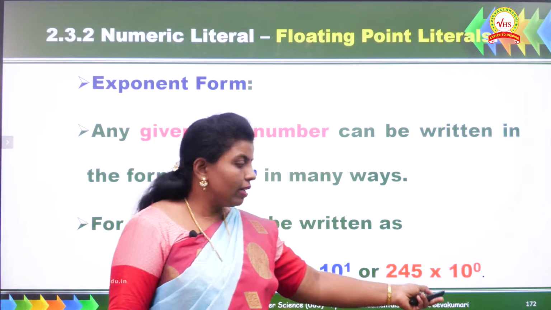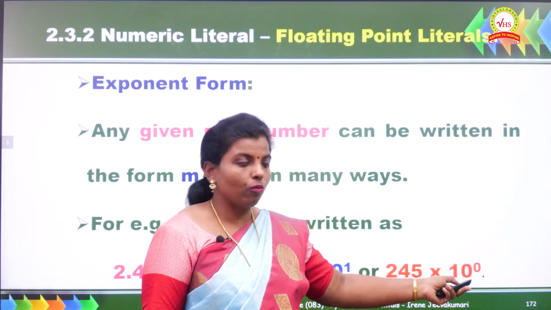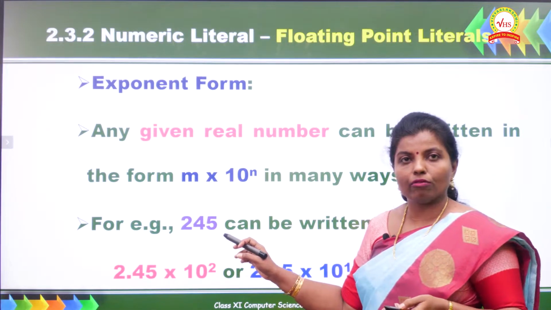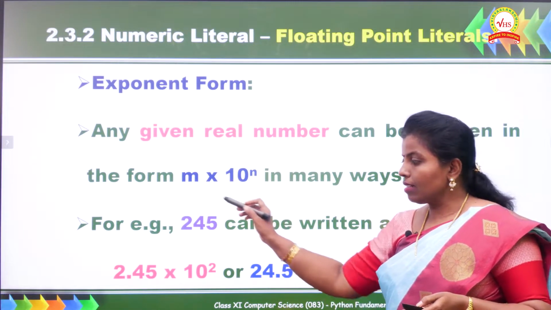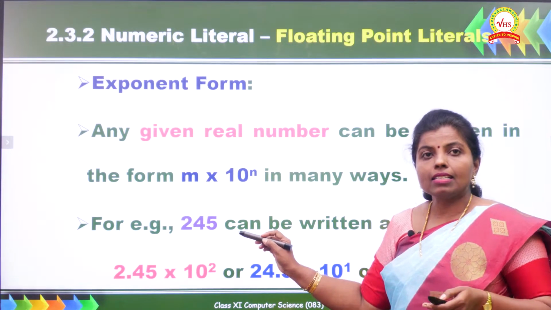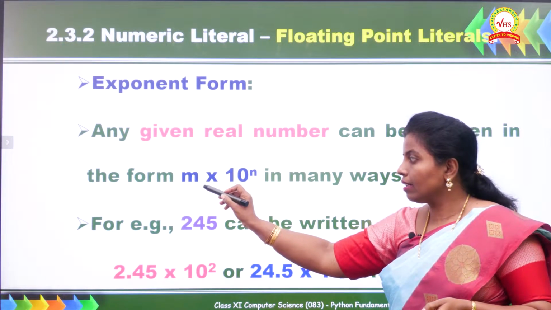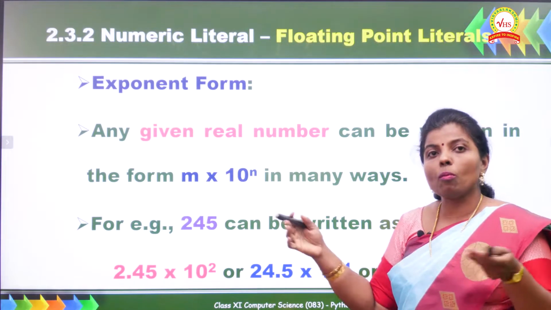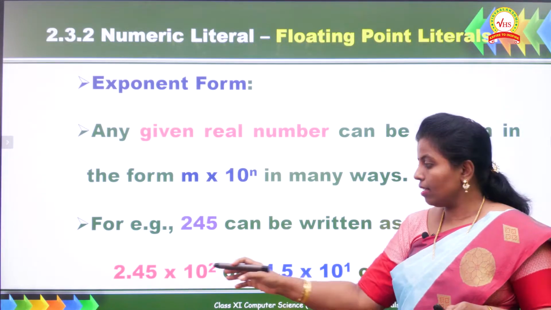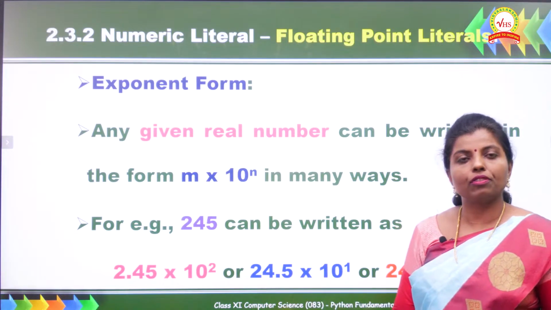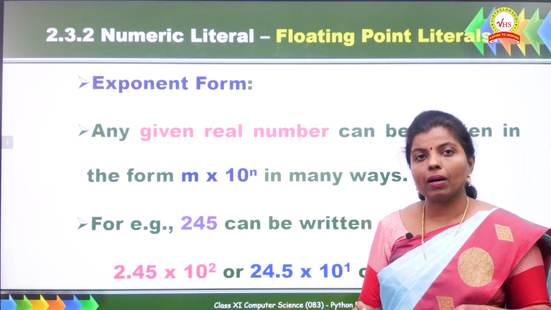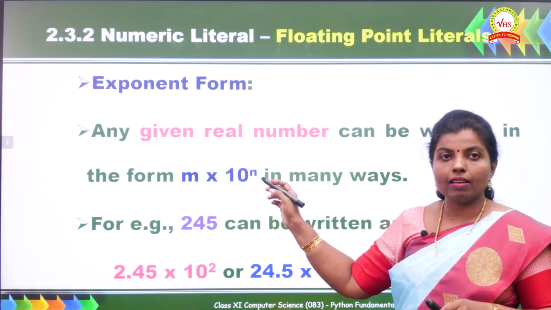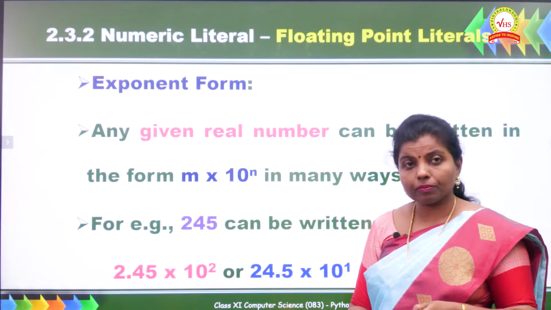You know very well 10 power 0 is equal to 1, so 1 multiplied by 245 is going to be 245 only. This number can be represented in the form m multiplied by 10 power n in so many ways. See here itself I have represented it in 3 ways.